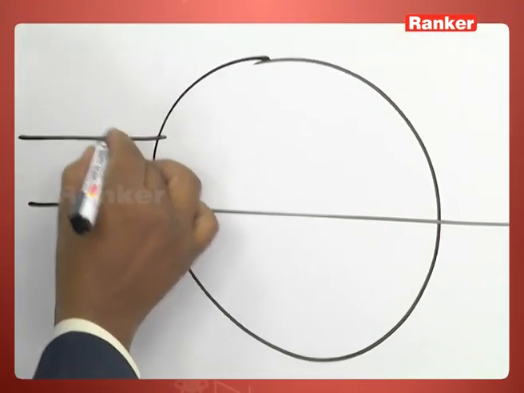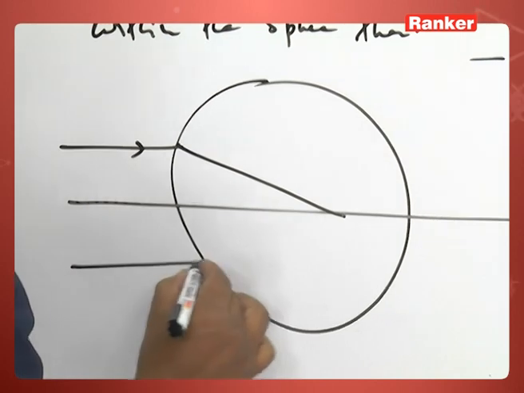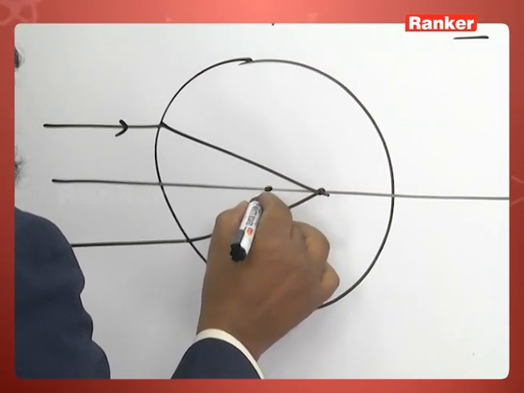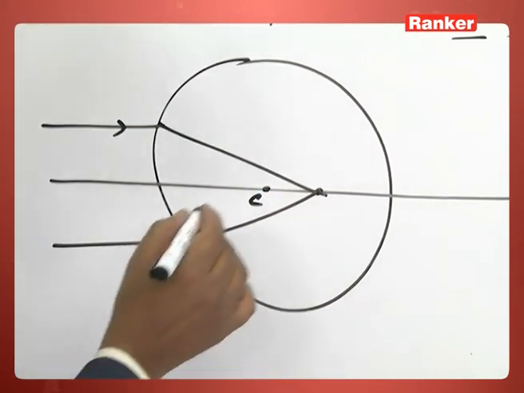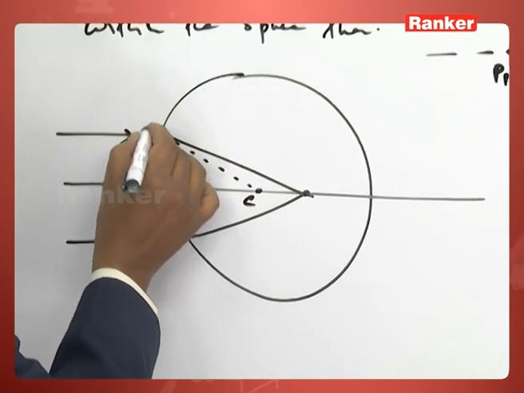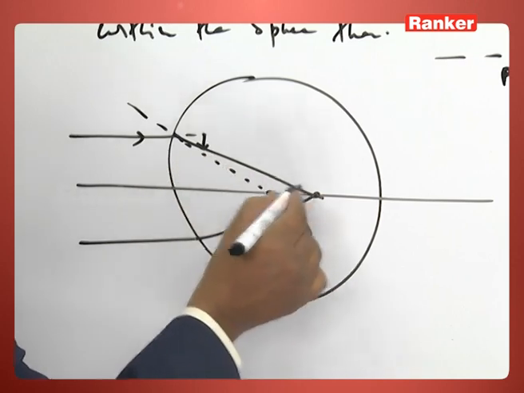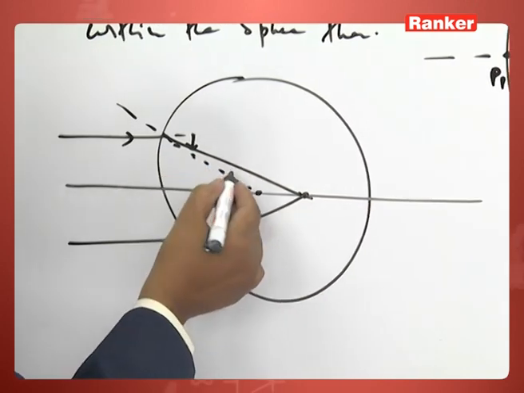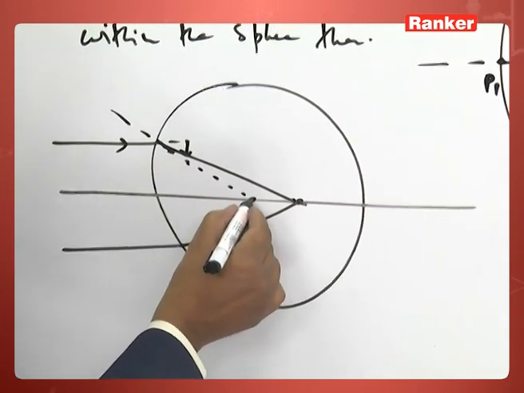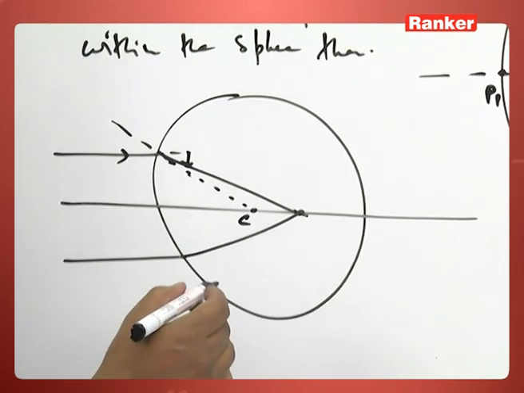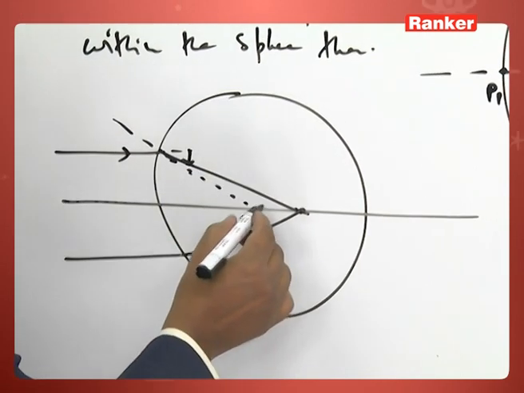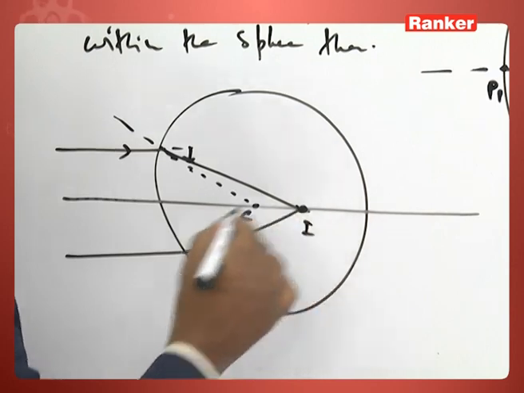The ray will go and meet here only. This is the center. Now if I join the normal from here, the ray can bend only up to this. If mu is infinite, the ray can bend here, but we can't have mu infinite. So for large mu, the image will be formed finally here.